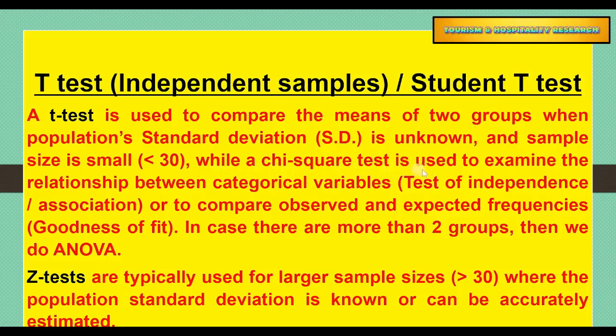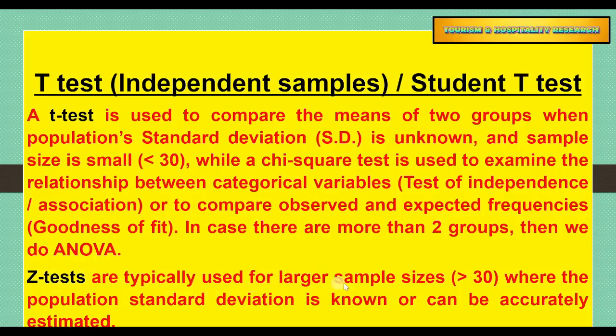While a chi-square test is used to examine the relationship between categorical variables, test of independence or association, or to compare the observed and expected frequency, that is chi-square test of goodness of fit. In case there are more than two groups, then we go for ANOVA, that is analysis of variance.